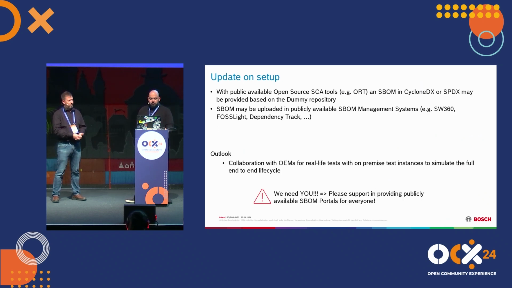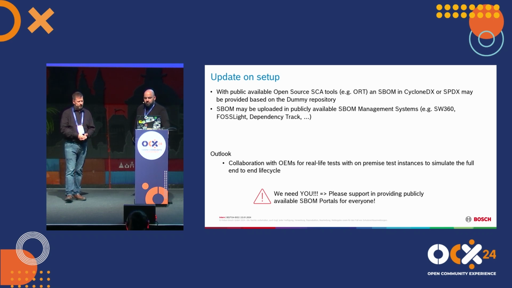Here there is also an update, so that we have now, as I said, in ORT, the OSS Review Toolkit, where you can automatically create an SBOM, either in SPDX or CycloneDX. With this, we can also simulate the handover from a software supplier to the manufacturer.